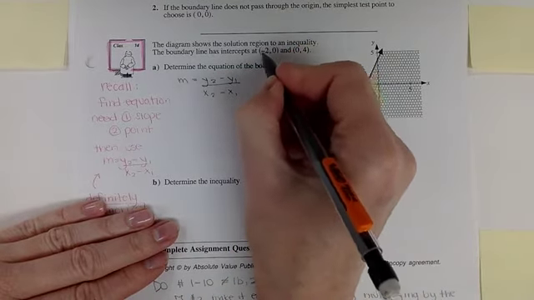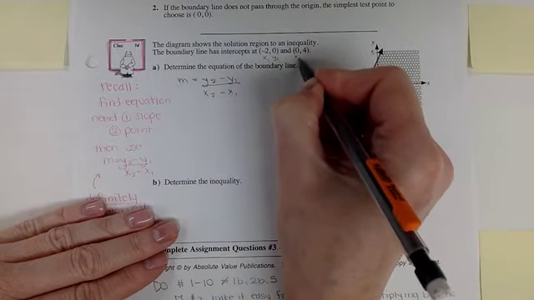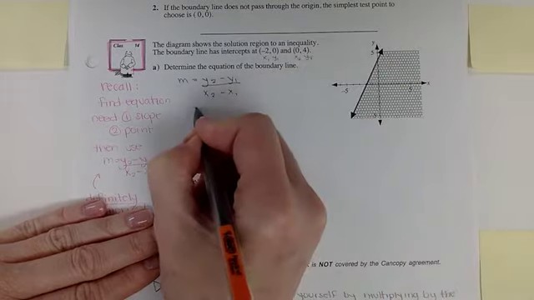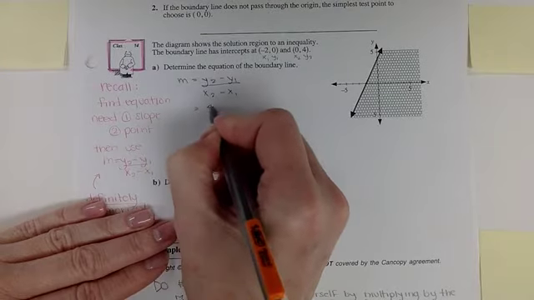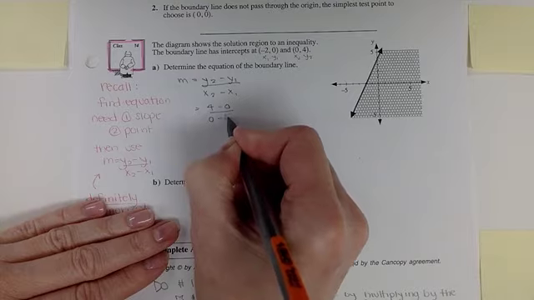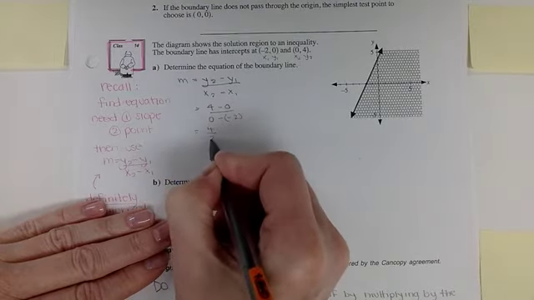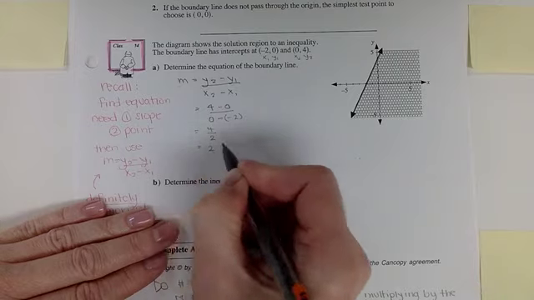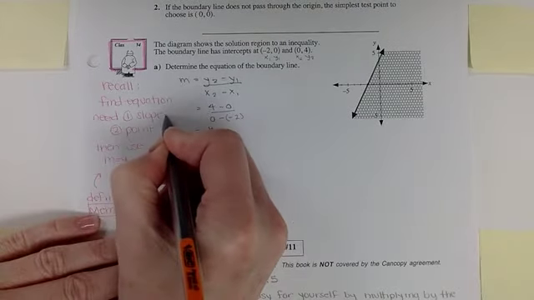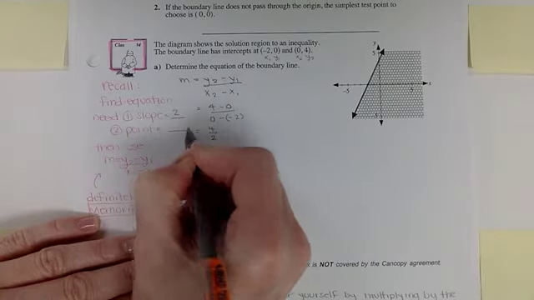So if this is my point 1, then this is x1 and y1. This is x2 and y2. So 4 minus 0 over 0 minus -2 is 4 over plus 2, which is 2. So slope is 2.